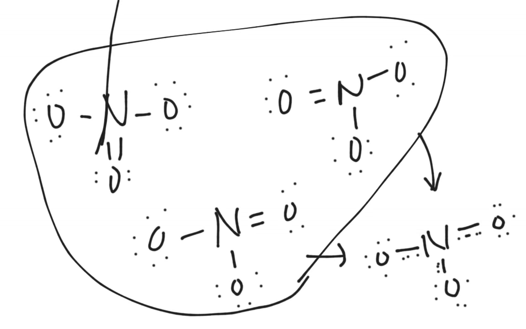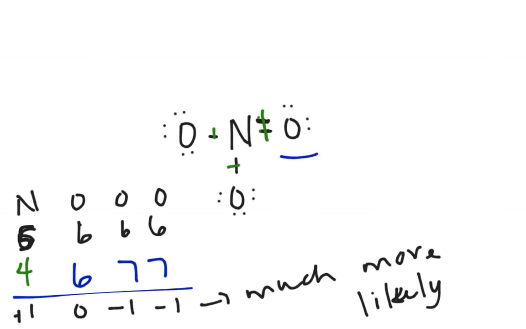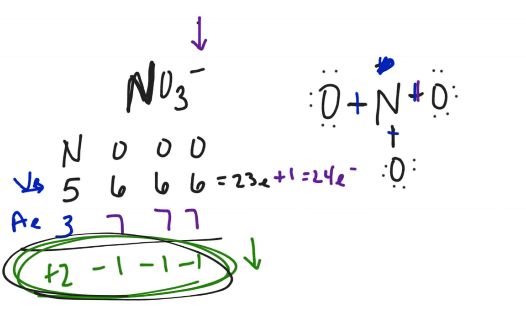All right, so it has 4 resonance structures. 3 of them are very likely. 1 of them is not very likely at all because of the higher formal charges that we have in it. We always want to minimize our formal charges.